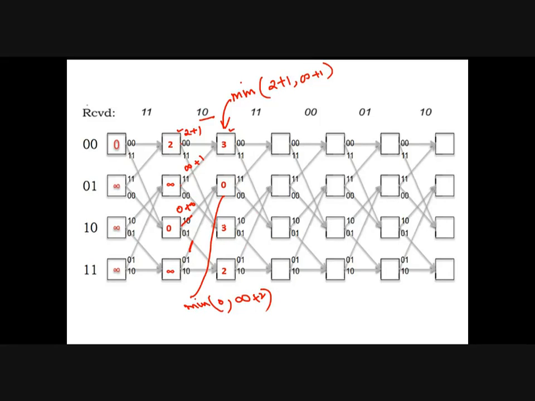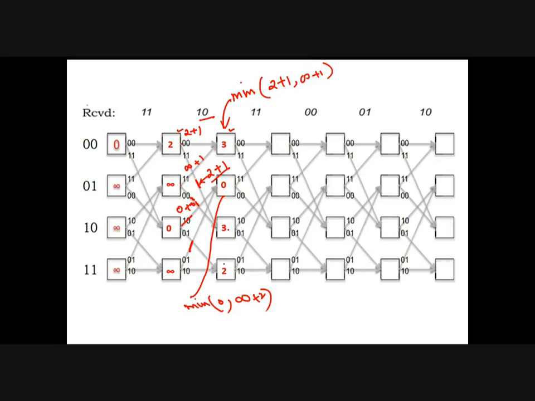Similarly, if you see this, it will be 2. If you see this path, it will be 2 plus 2 and compare 1 1 with 1 0, it will be 2 plus 1, that is 3. Okay, what is the other path? This path is infinity plus 1, so I have to choose 3. 2 plus 1, that is 3.